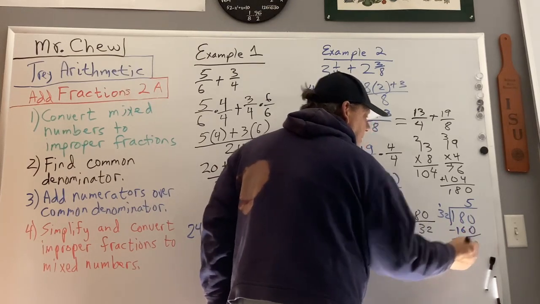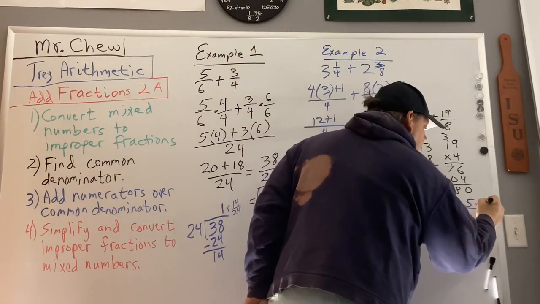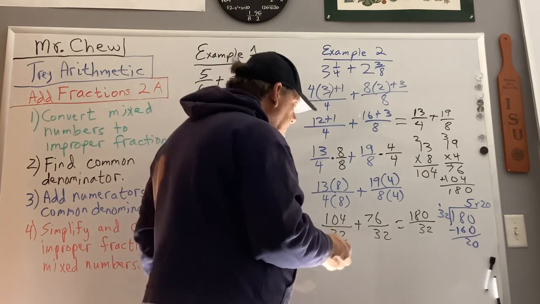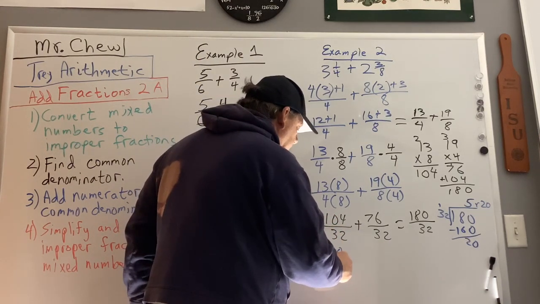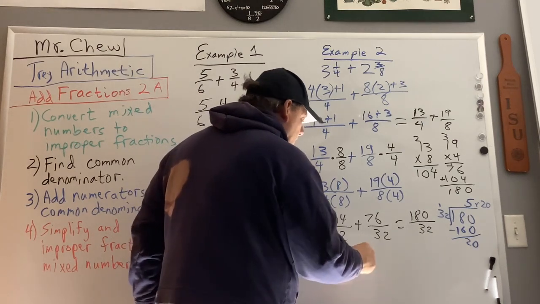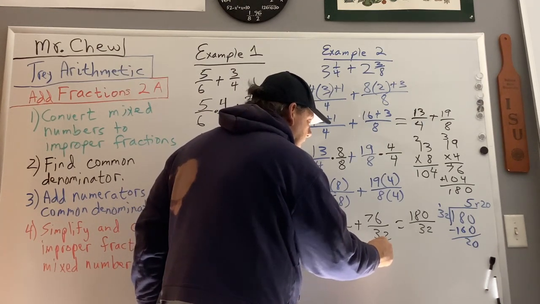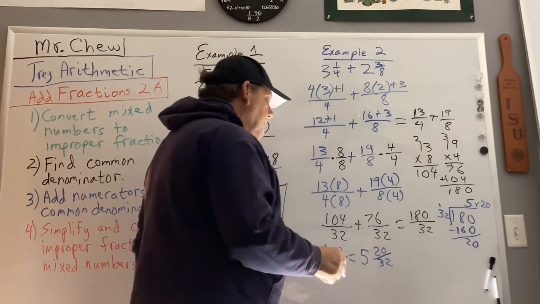And when I subtract, I get 20. So this is 5, remainder 20. And the 5 remainder 20 becomes 5 and 20 over the divisor 32.